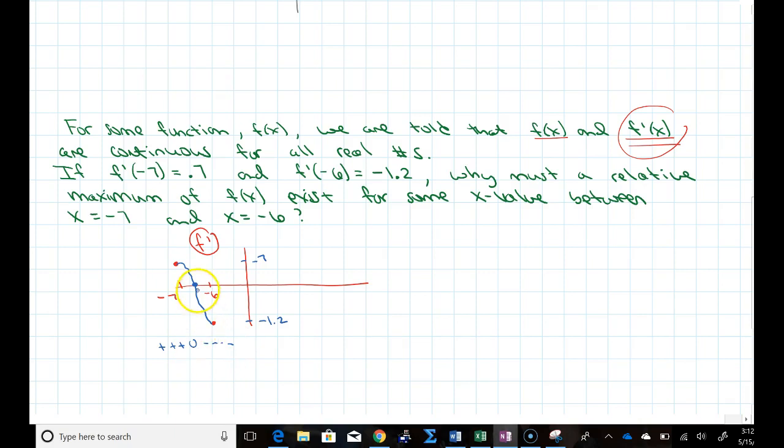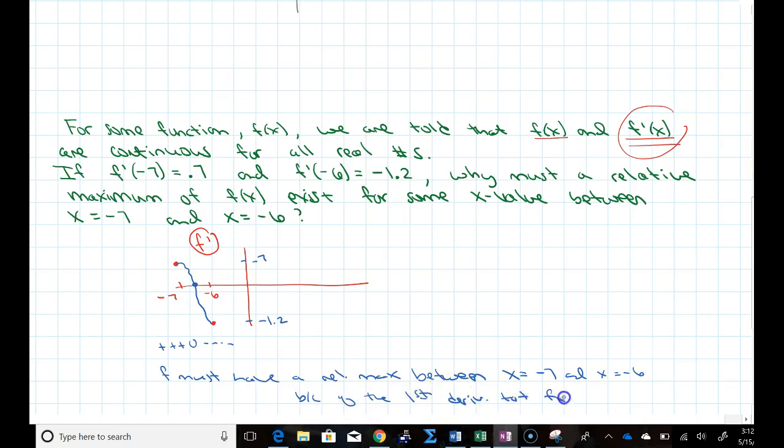So we know that f prime has to have a root there by the IVT, but then by the first derivative test for extrema, f must have a relative max somewhere between x equals negative 7 and x equals negative 6. And what was the justification? Because of the first derivative test for extrema. Okay, told you, very straightforward, IVT.